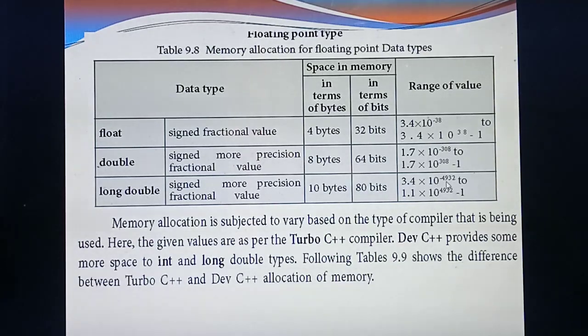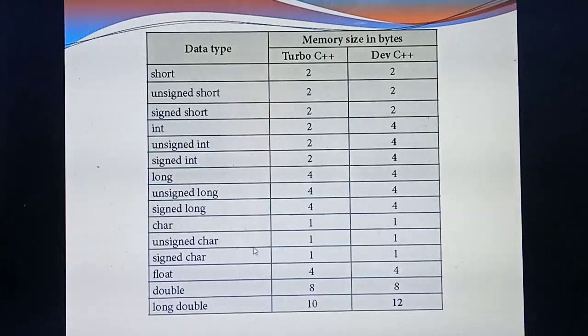What the memory space allocations are, how they differ between Turbo C++ and Dev C++, next we are going to study. But in our lab, which compiler are we using? Dev C++. Because we are studying which software? Dev C++. Okay. See, this is the memory space allocation between Turbo C++ and Dev C++.